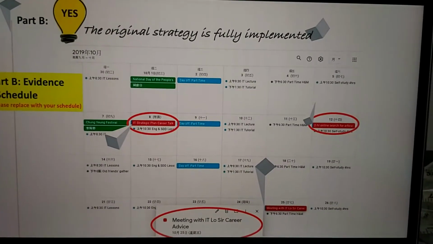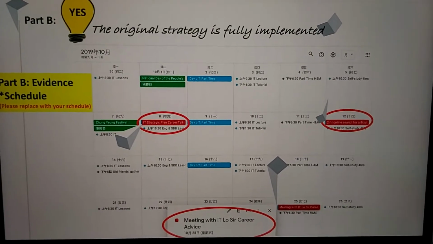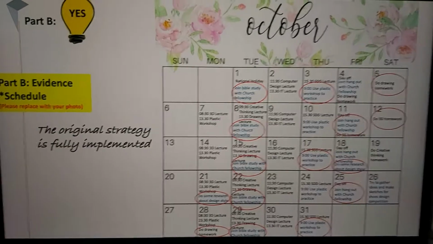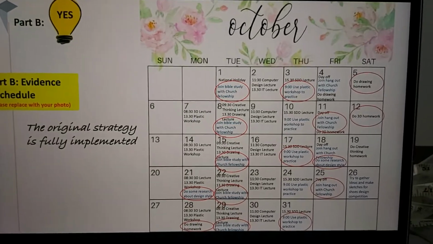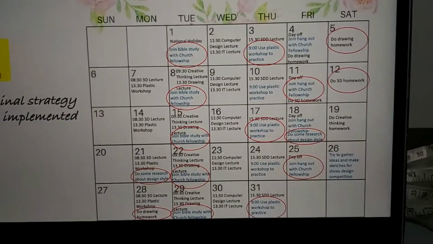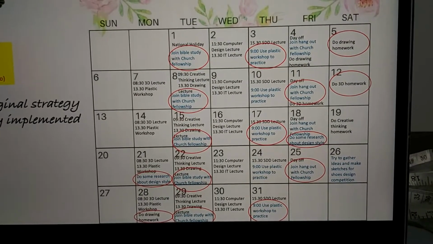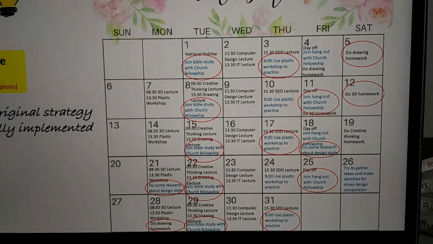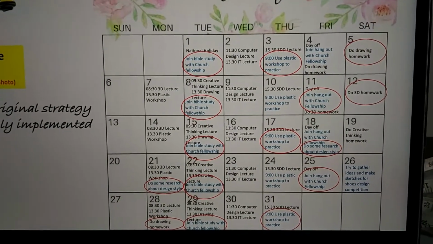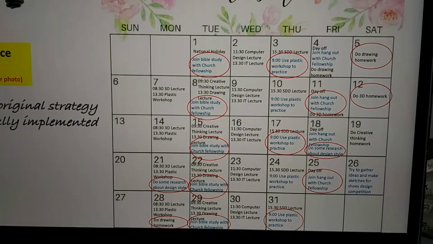And I've also made a timetable for my plan in October 2019. So here's the timetable. The blue ones are the extra things that are not from school.